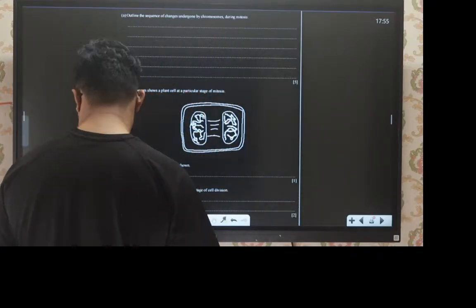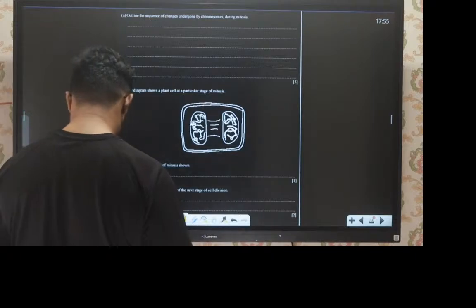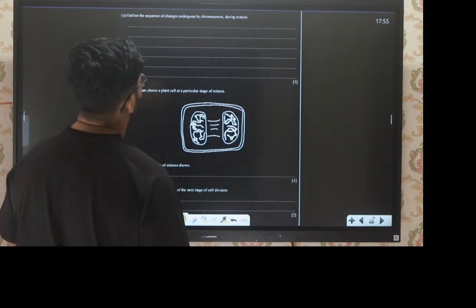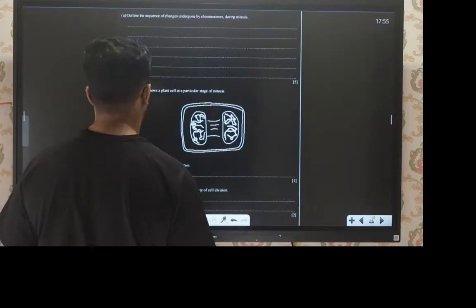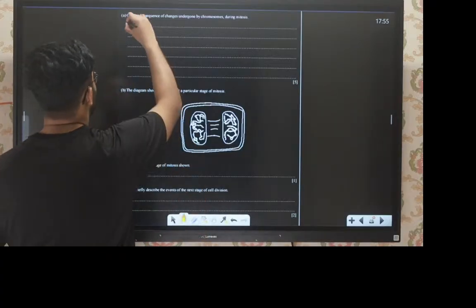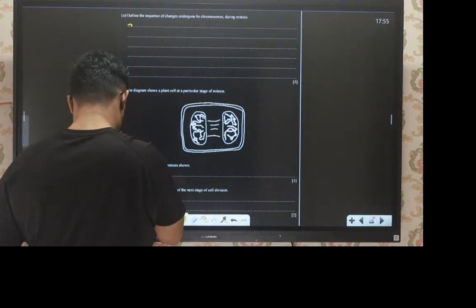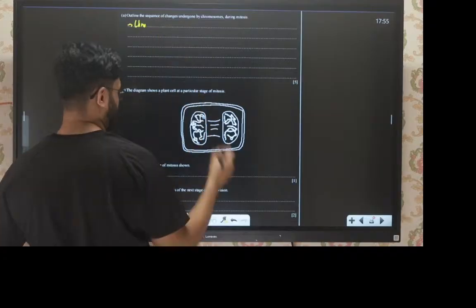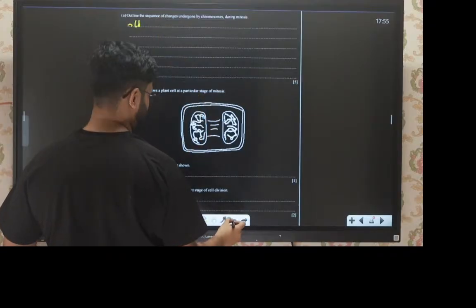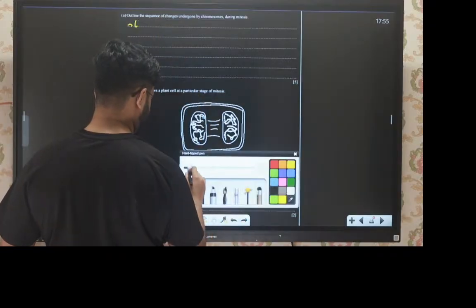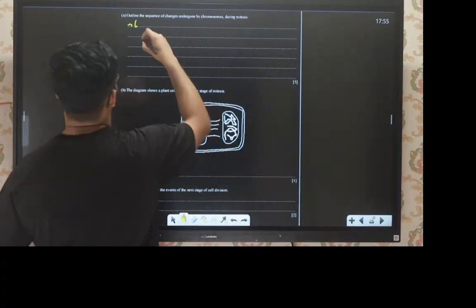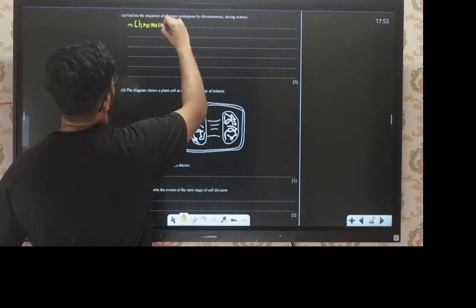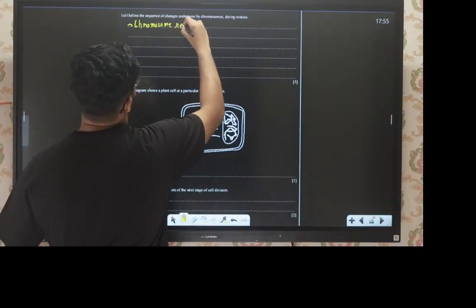All right, outline the sequence of changes that are undergone by chromosomes during mitosis. So first of all, we have to mention the chromosomes replicate. So chromosome replicate into chromatids.